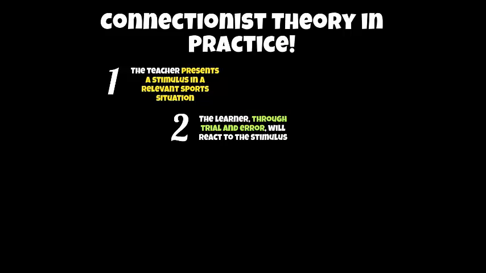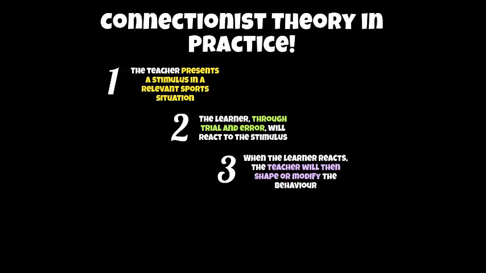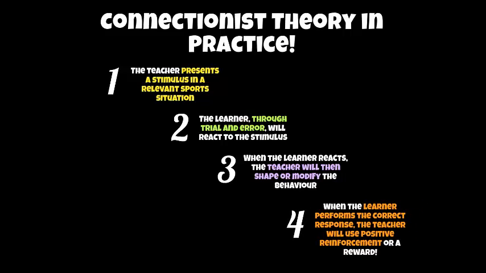So they might try something to react to the stimulus in that given sports situation. As the learner reacts, either correctly or wrongly, the teacher will try and shape or modify the behaviour. And when the learner performs the correct response, so what the teacher wants them to do, the teacher will then use what we call positive reinforcement, which we'll talk about within the lesson, or a reward.